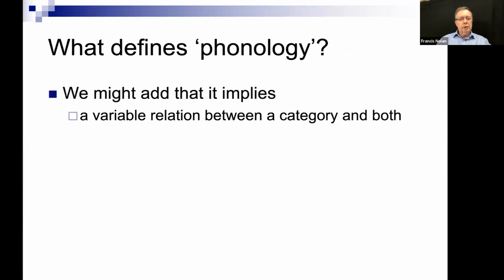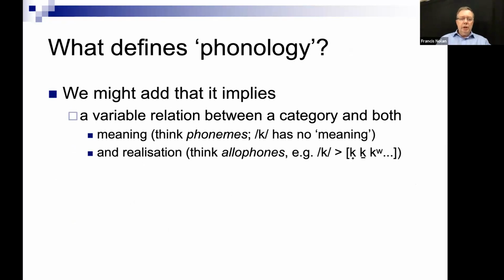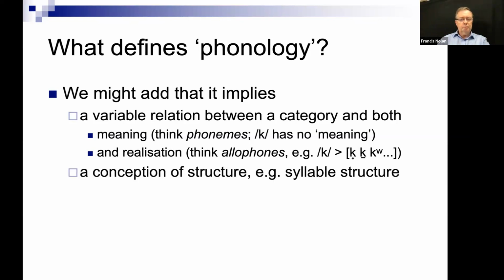We could also say, if you think about segmental phonology, there is a variable relation between a category and meaning. So a phoneme, in segmental terms, the phoneme k has no meaning, and a variable relation to realization. So one of the first things you learn about phonemes is that they have variable allophones. So a velar stop can be more front, more back, can be rounded, often depending on the quality of the vowel that's following it.